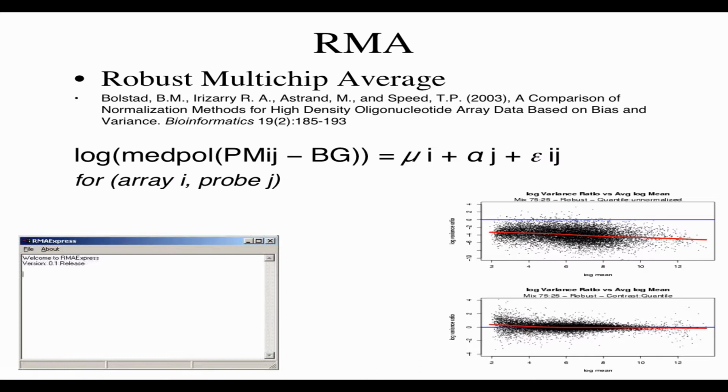And since some of those will be expressed at low levels, some at medium levels, and some at high levels, yet not changing very much from sample to sample, we can use the aggregate of them to draw a line and then make linear regression on all the other samples to that line. So that's what median polish means. The median expression at different intensity levels for all the genes. If you have lots of genes differentially expressed at one expression level, that's going to screw this thing up.